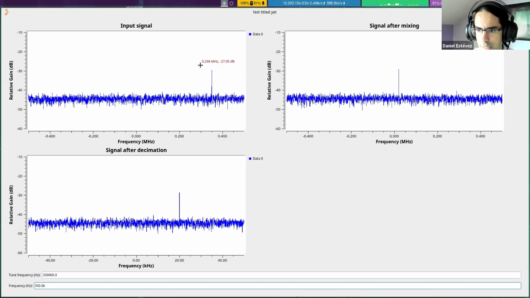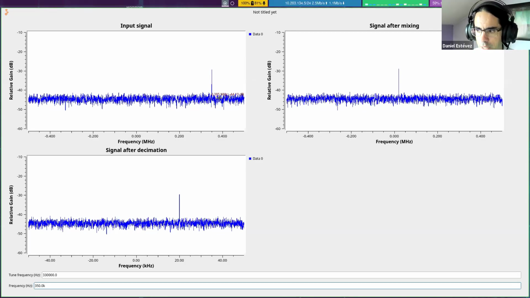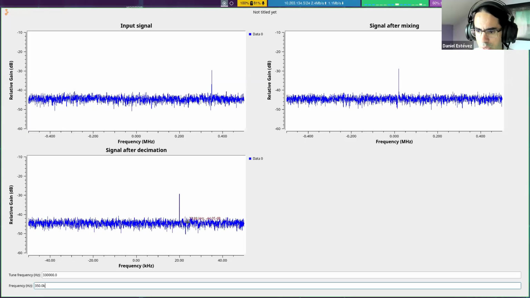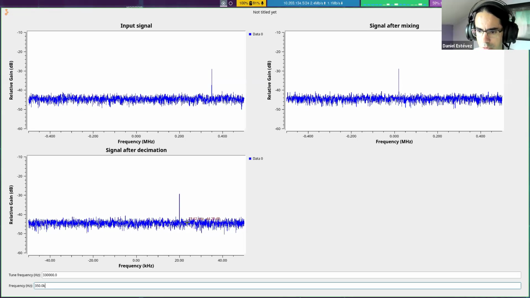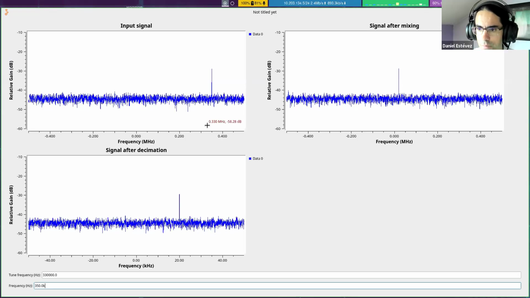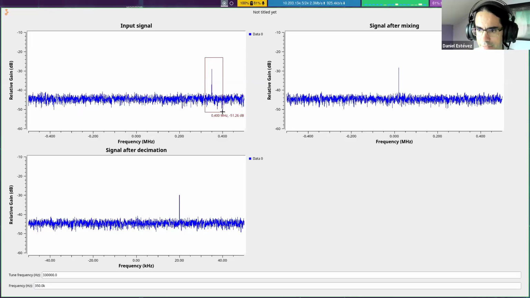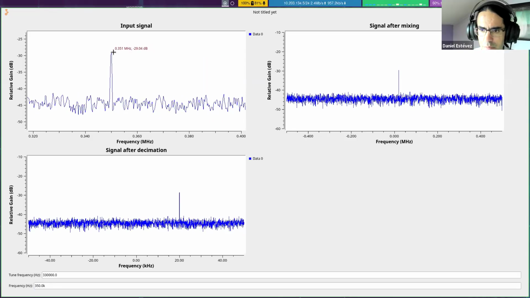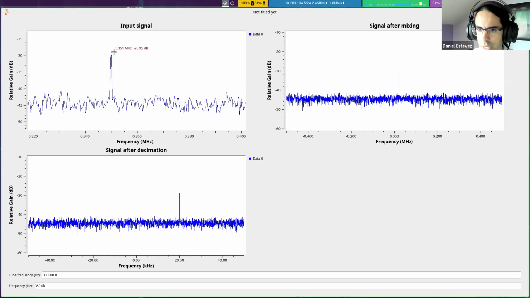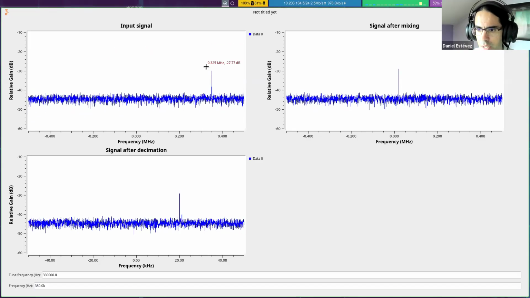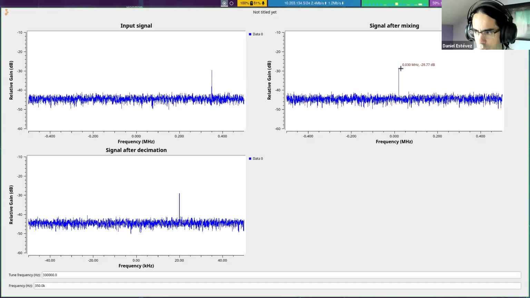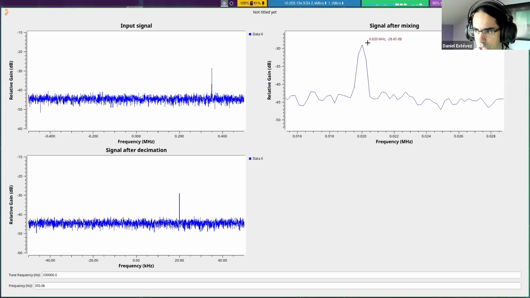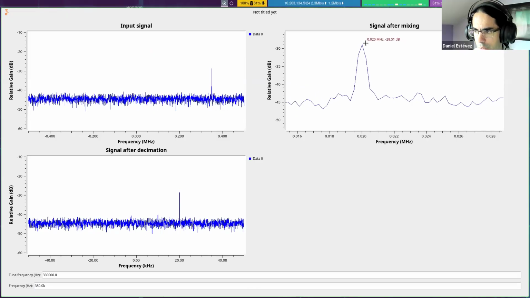It's at minus 44 dBs here, it's at minus 44 dBs there, and you might notice it's also at minus 44 dBs here. Okay, what's the signal level? It's pretty much minus 29 dBs. It's minus 29 dBs here. It's also minus 29 dBs here because the only operation is shifting the spectrum.